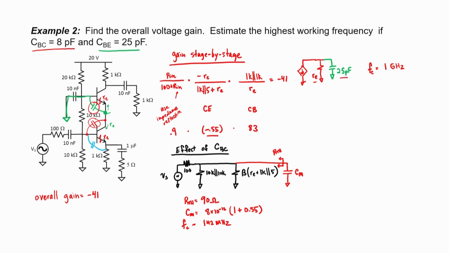We now have one more capacitor to consider. This 8 picofarad capacitor is effectively connected to ground because the base is grounded. So here at the output side, if I'm looking from the transistor, we have an 8 picofarad capacitor connected to ground, and we have 1 kilo ohm in parallel with 1 kilo ohm.